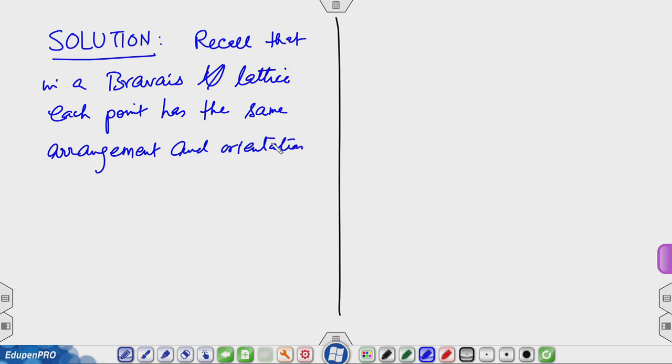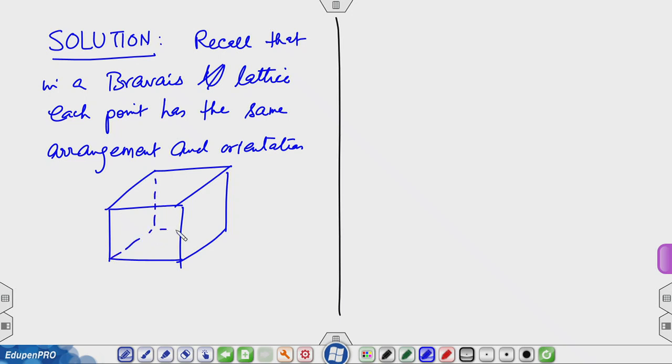So, that is, the environment remains the same. Now, let us look at this problem that we are talking about. I have this cube, the points here, and additional points at the bottom and the top surface. And what we want to know is, if I stand at this point and move to the other point, move to this point, do I see everything the same?